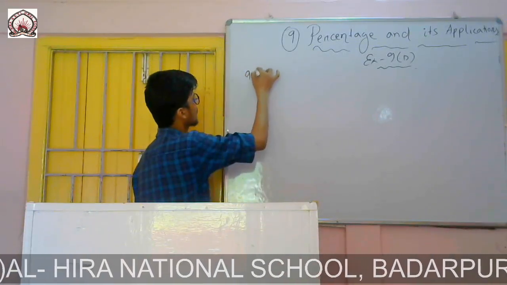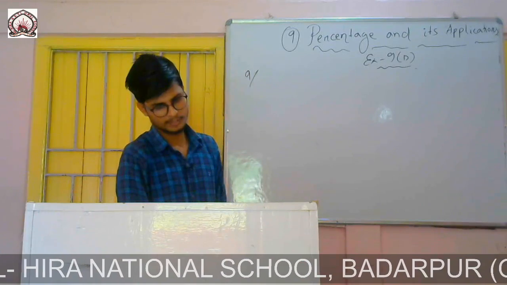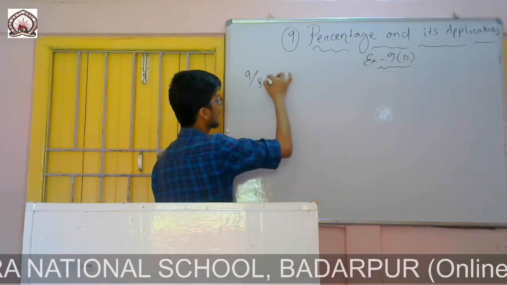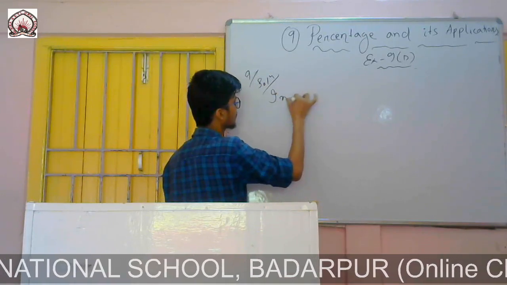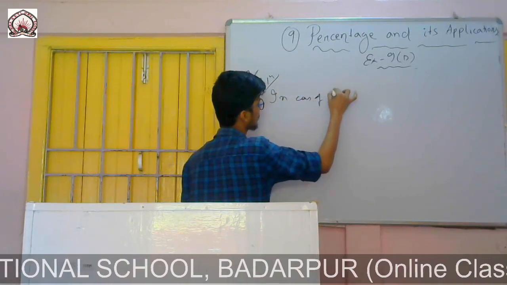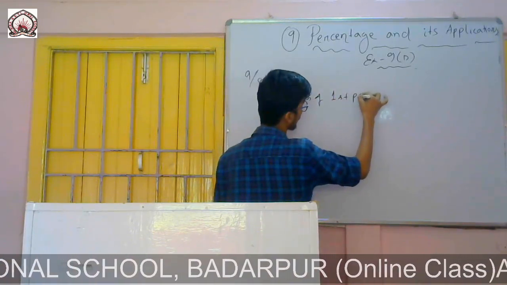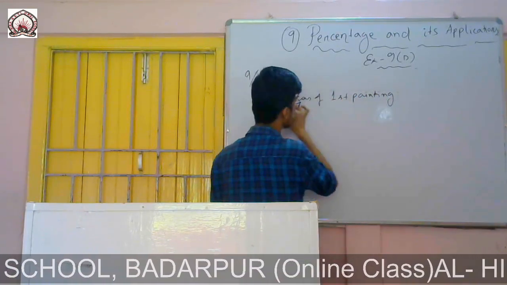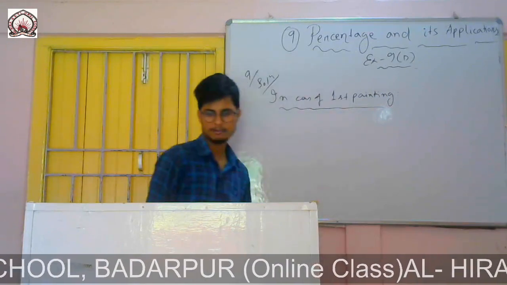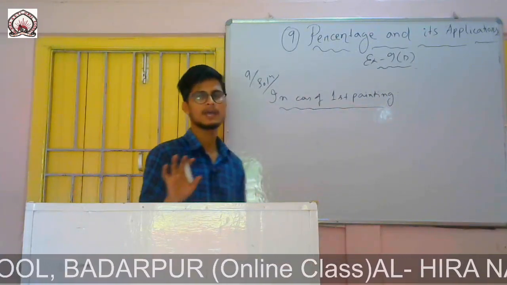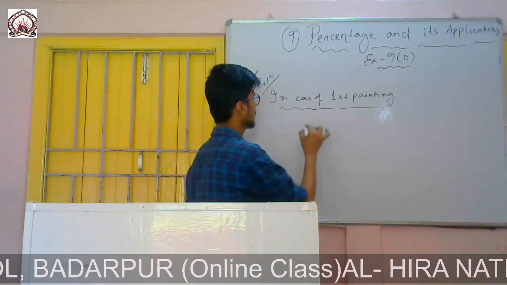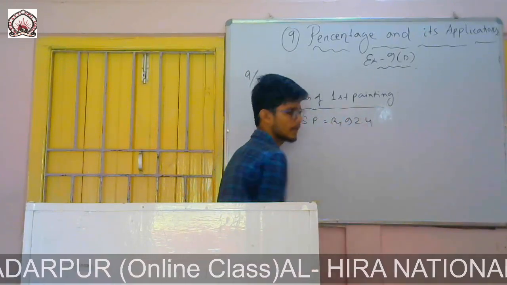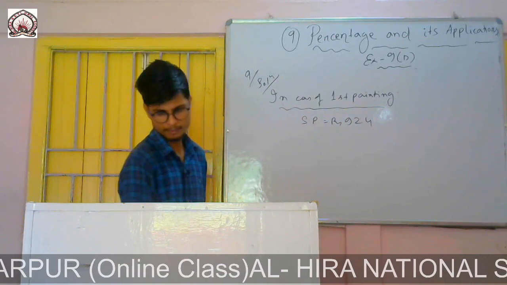So question number 9. There are 2 paintings. For the first painting, I will solve this one. So in case of the first painting, the SP is the same for both paintings. So you write SP is equal to rupees 924.